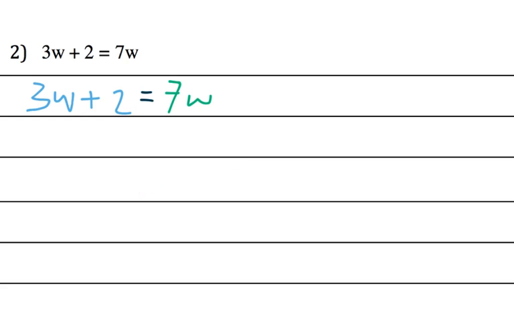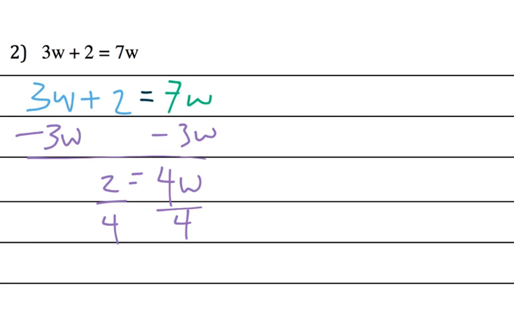So I will subtract 3w from both sides, which leaves me with 2 equals 4w. Divide both sides by 4. And then w is equal to 2/4, which you can totally simplify in this step and get 1/2.